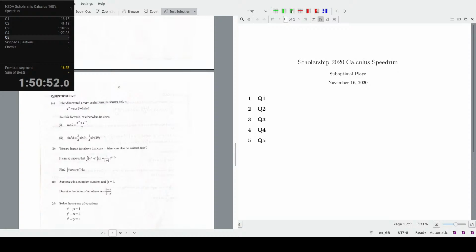Alright, let's try the silliest thing. What if you just sum them all together? You multiply by 2 and sum them all together. 2x squared minus 2yz is equal to 2. 2y squared minus 2zx is equal to 4. 2z squared minus 2xy is equal to 6.